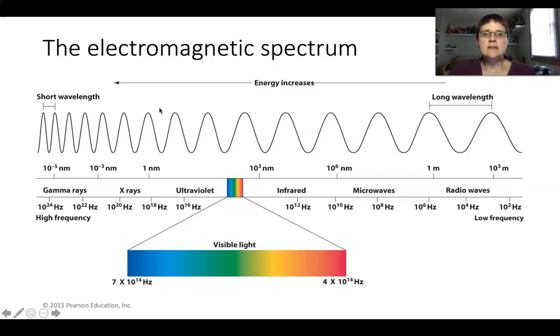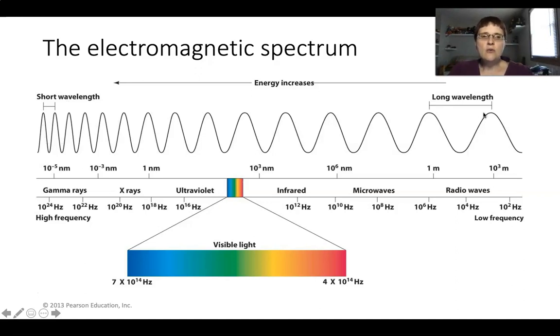So these guys, they are waves, so they have the same sort of properties as sound waves. So we've got wavelengths, from crest to crest or trough to trough. We've got frequency, how fast those waves basically are moving, so how often those wavelengths come through.